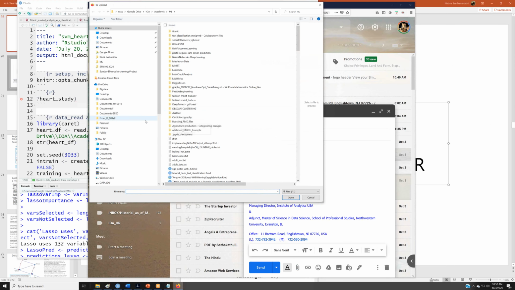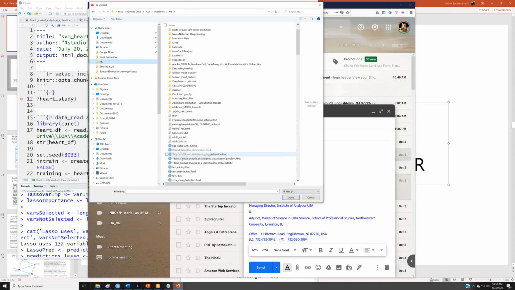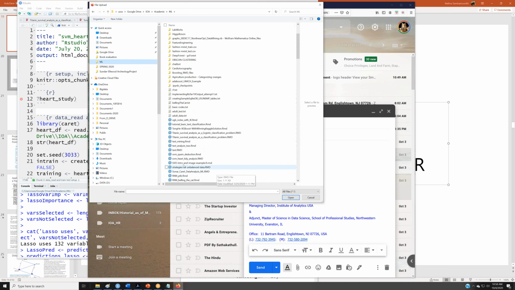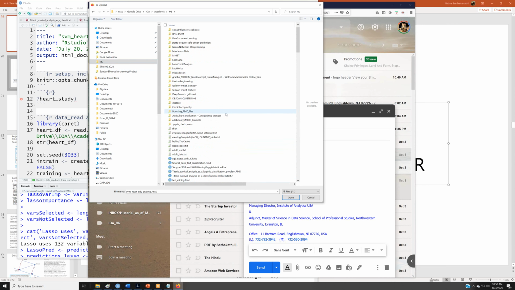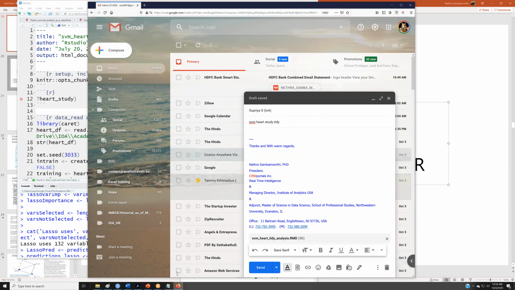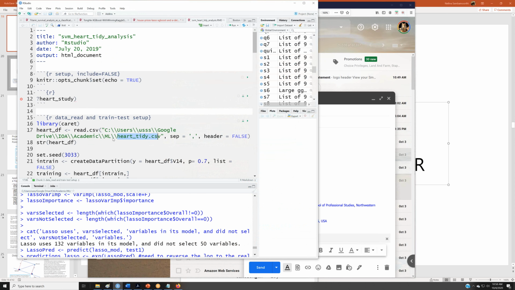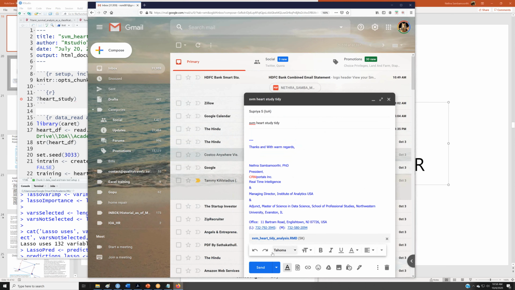So I'll send you both the program as well as the data. Let's see where the data is actually read from in the program. I have to go back to the program and find out. Oh, it is in the YAML. Okay, so that's fine. So I'll attach data also.